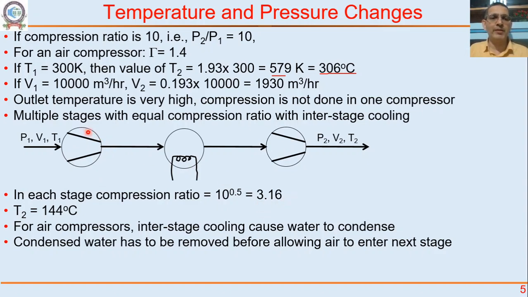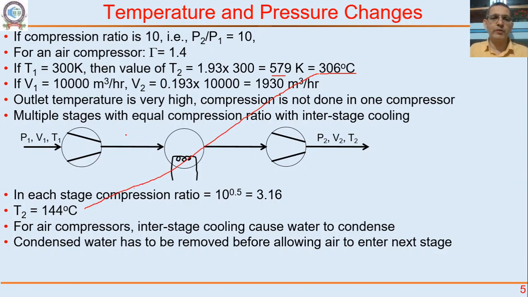So if the compression ratio is 3.16 here, and if inlet temperature is 300 Kelvin, this outlet temperature would be 144 degrees centigrade. So you see, substantially less than 306 degrees centigrade.